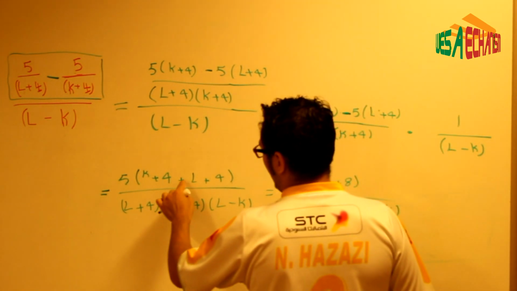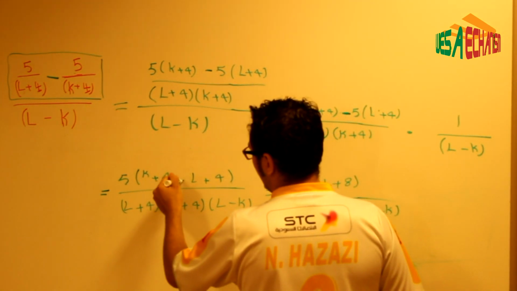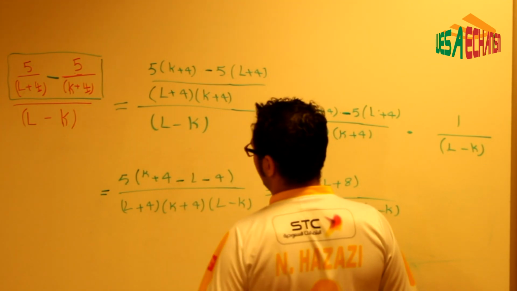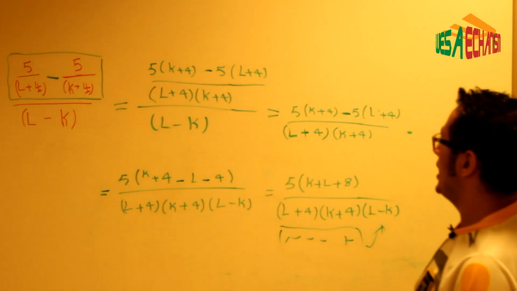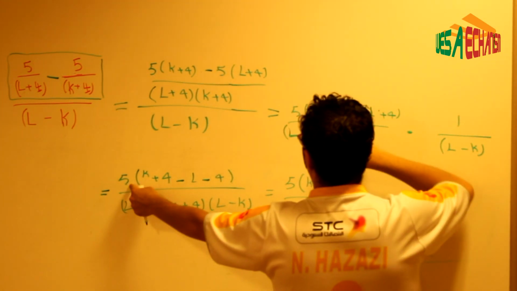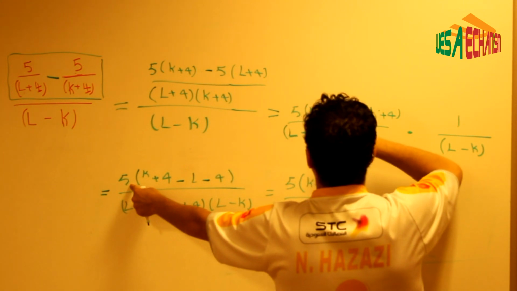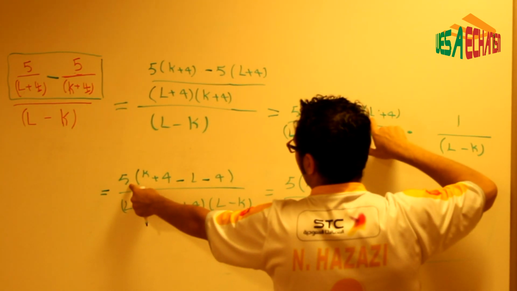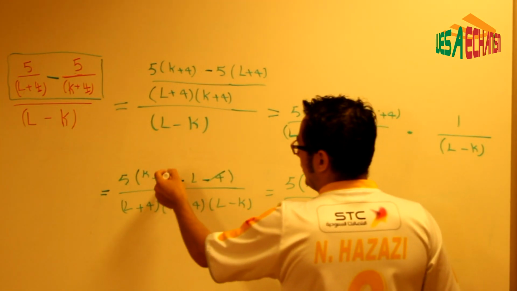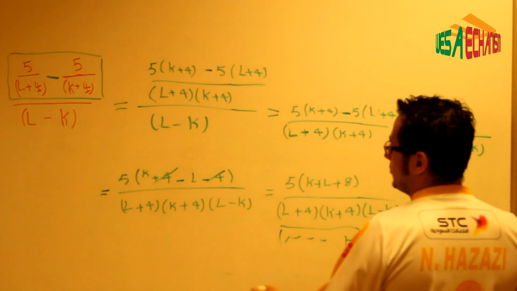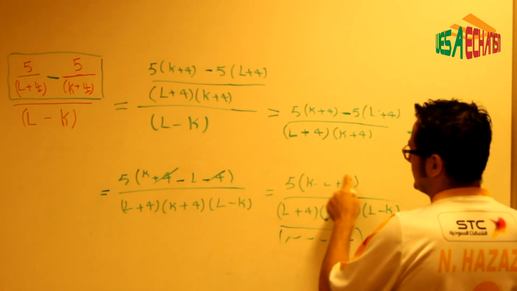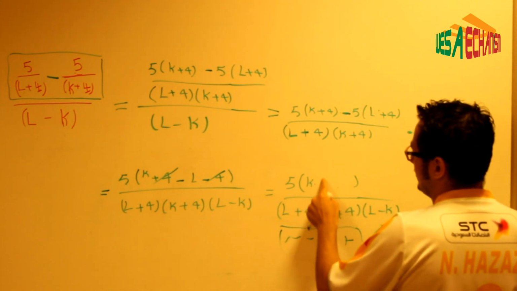In here, we will have negative L. In here, we will have negative 4. Right? Because in here we have 5 as a common factor, K plus 4, negative L, negative 4, which means that this 4 will be cancelled with this 4, which means we will have 5K negative L.